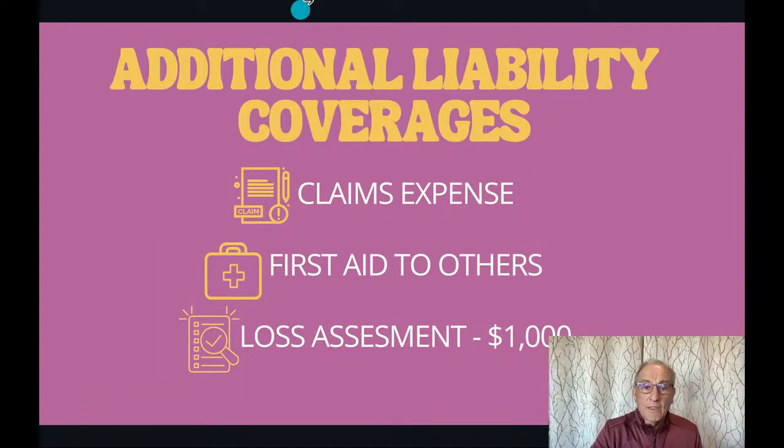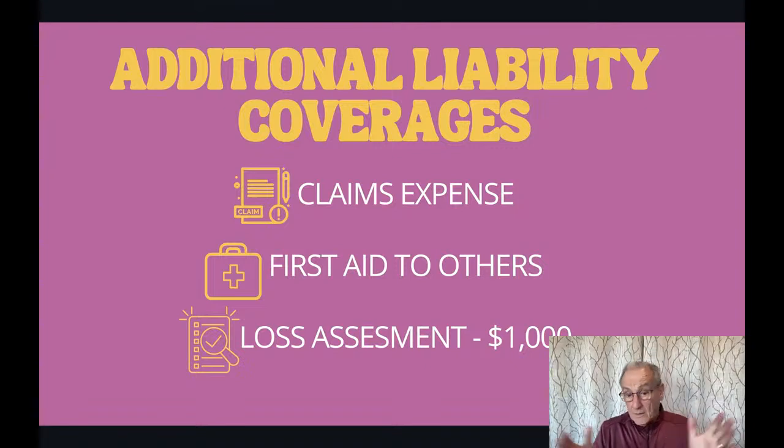Additional liability coverages. In other words, these will be paid in addition to the claim for the person you injured. Claims expenses: maybe there's a lawyer involved, you get sued or something like that. If you administer first aid to somebody, you can get reimbursed for that. Loss assessment of $1,000: where I've seen this one on the test is, so remember this example.